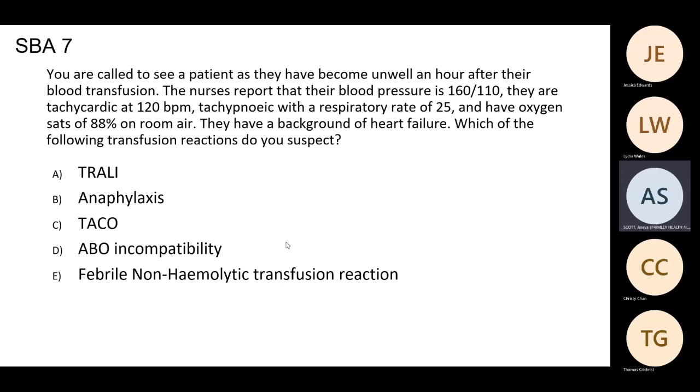They are tachycardic at 120 beats per minute, tachypnoeic with a respiratory rate of 25, and have oxygen sats of 88% on room air. They have a background of heart failure. Which of the following transfusion reactions do you suspect? A, TRALI, B, anaphylaxis, C, TACO, D, ABO incompatibility, or E, febrile non-hemolytic transfusion reaction.